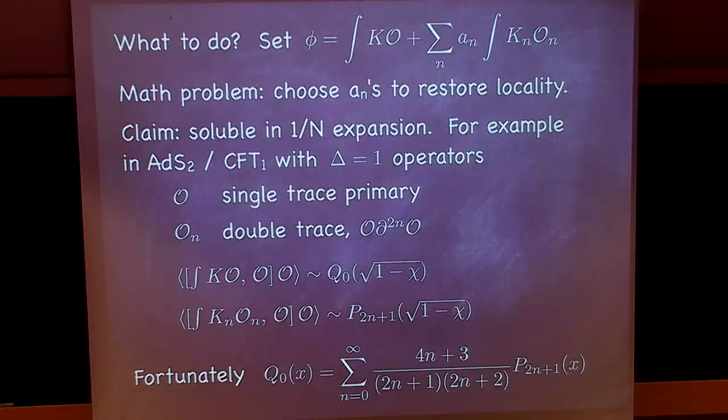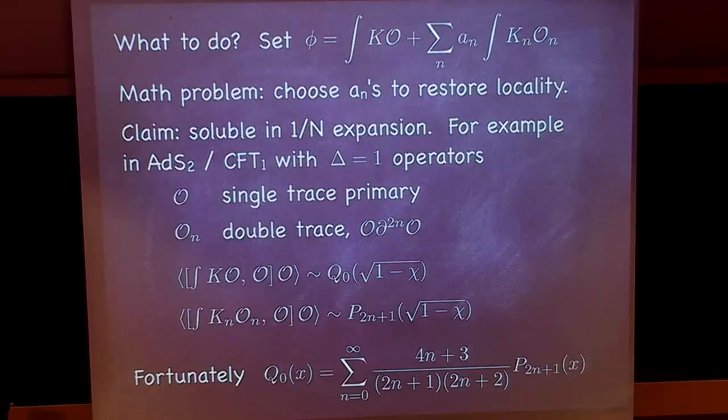And if I want to work to order 1 over N, what are the higher dimension operators I need to consider? These O_n, they'll be double trace operators built from 2 factors of O plus 2n derivatives. So this is an operator that has dimension 2 plus 2n.